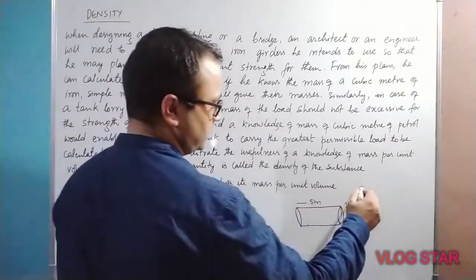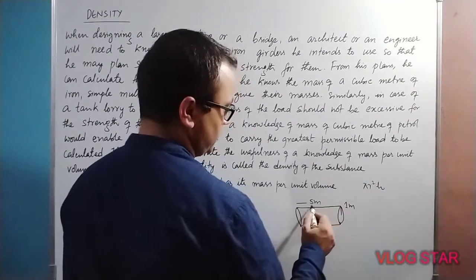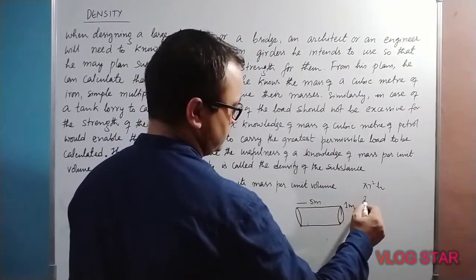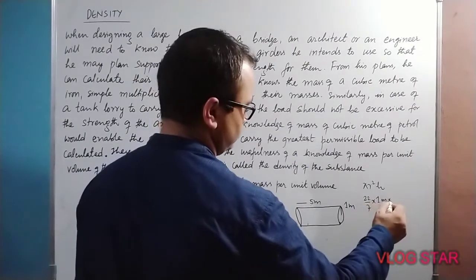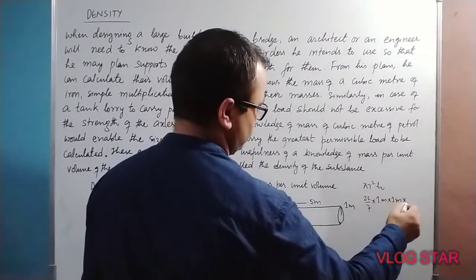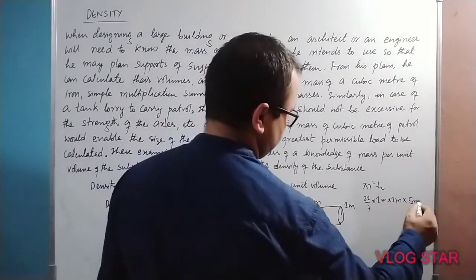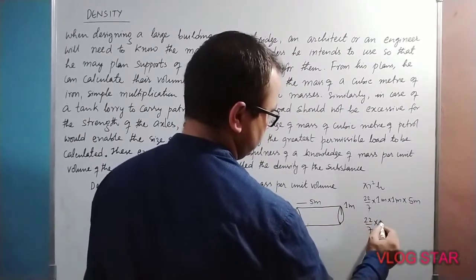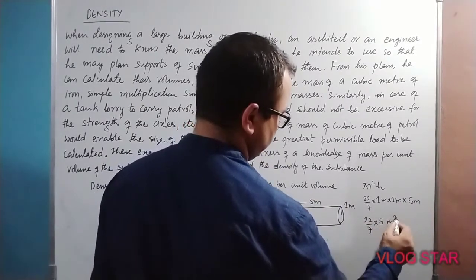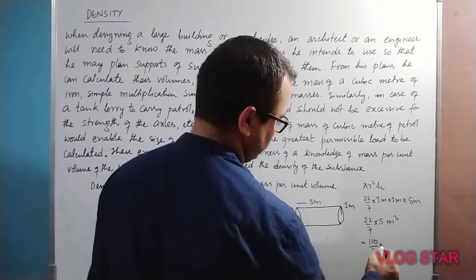Volume of cylinder is pi r square h. h is 5 meter, pi is 22/7, r is 1 meter into 1 meter, into h is 5 meter. So 22/7 into 5 meter cube equals 110/7 meter cube.